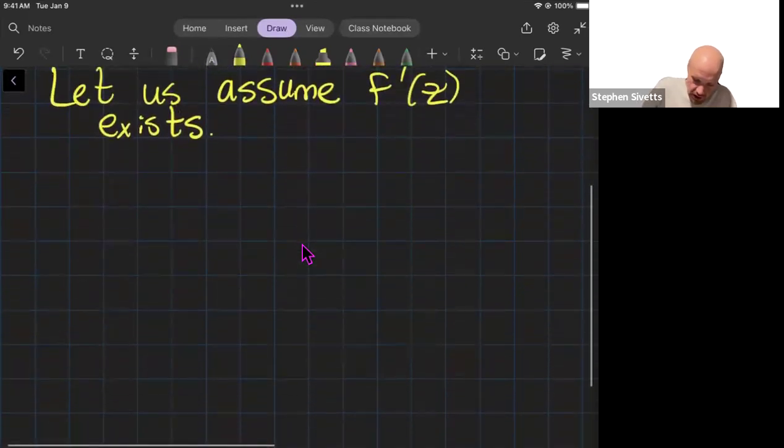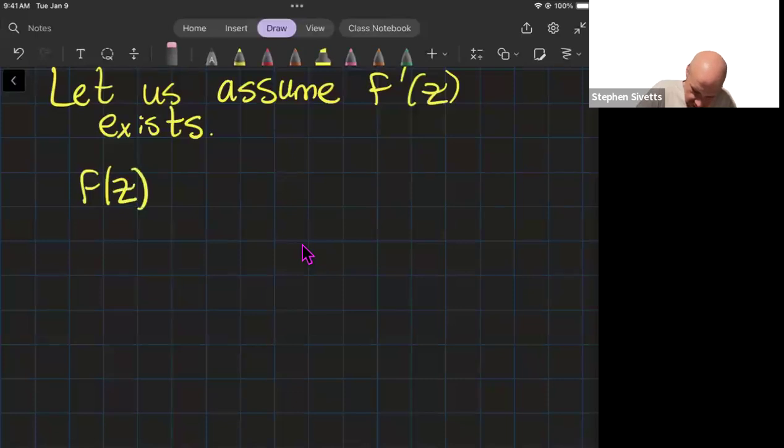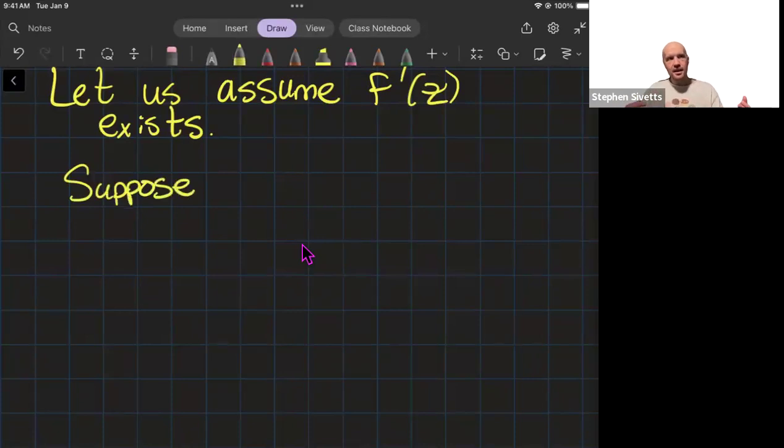So also, a complex function, you can decompose a complex function in terms of the real and imaginary components.